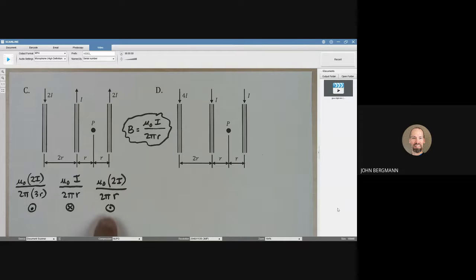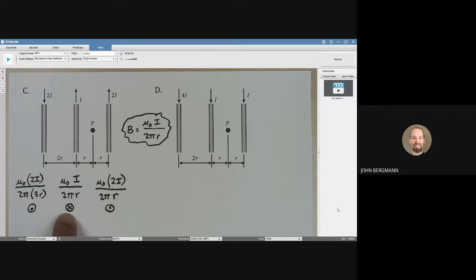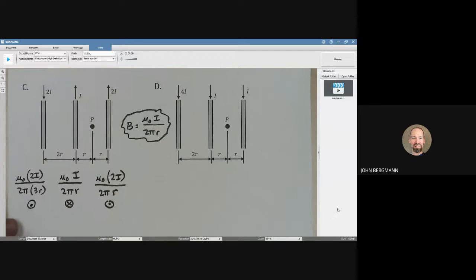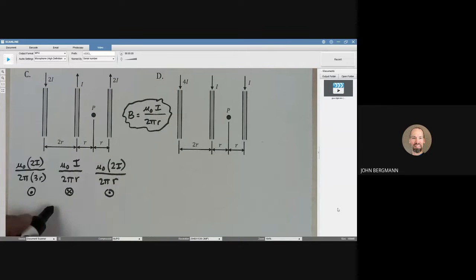I'm looking at 1 out of the page plus 1/3, so that's 4/3. And then we have a half that is in the page. 4/3 minus a half. That's going to be 5/6, isn't it? So let me write that under here. 5 mu naught I over 6 pi r.